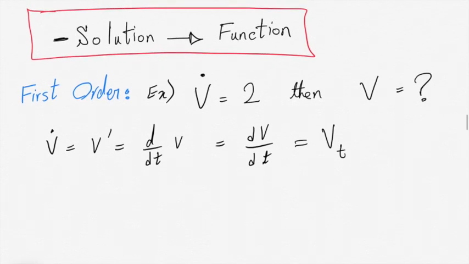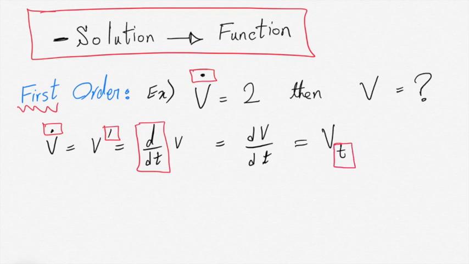So it again has an order, and for the first order I am going to show the derivative with respect to time, like v dot, or v prime, or d over dt, or v with the index t. All of them are the same. They are just representations of the first derivative with respect to time, to t, whatever the variable is.